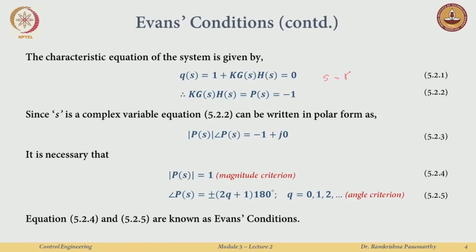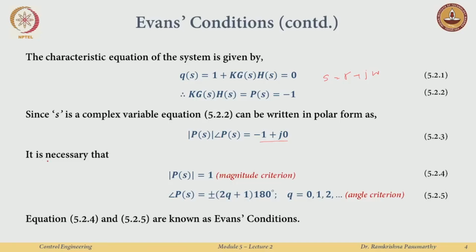So, s is sigma plus j omega, and P(s) is also then a complex number. Okay. Since s is a complex variable, P(s) is a complex number, so this minus 1 can also be written as a complex number, right. So, I can split this complex number into its magnitude and its phase, and correspondingly this can also be split into its own magnitude and phase, and we will see what this exactly looks like, in terms of the magnitude of P(s) and the angle of P(s).